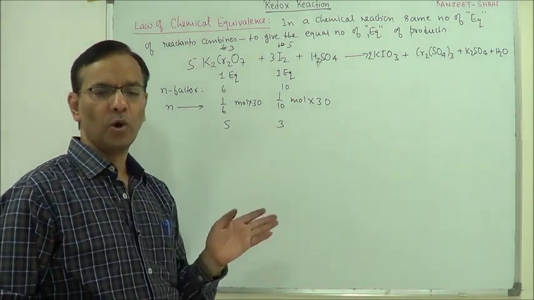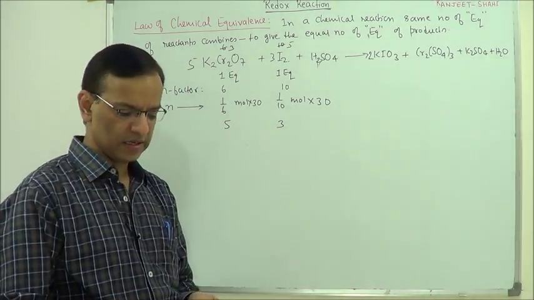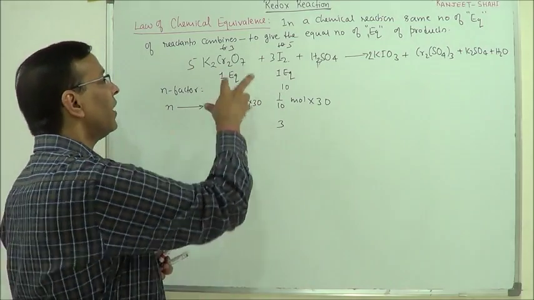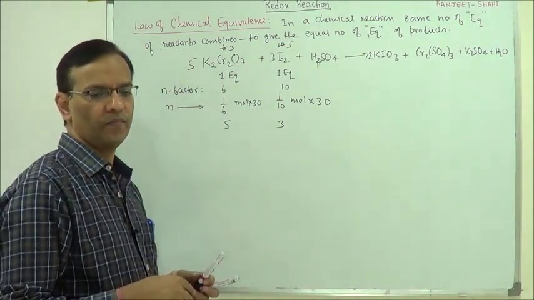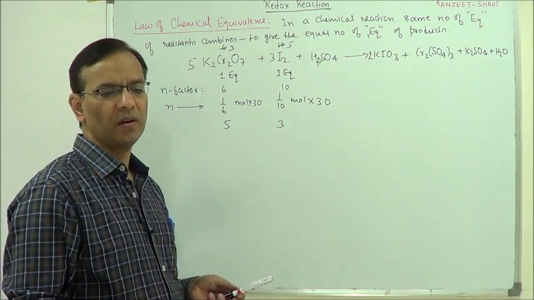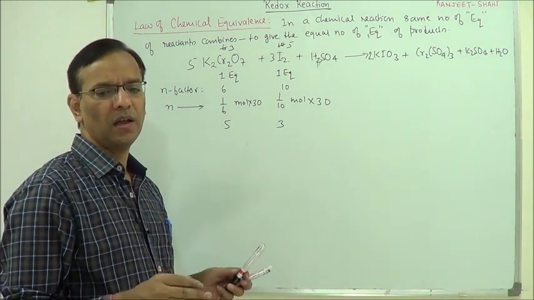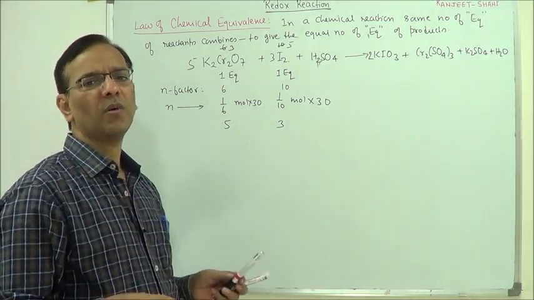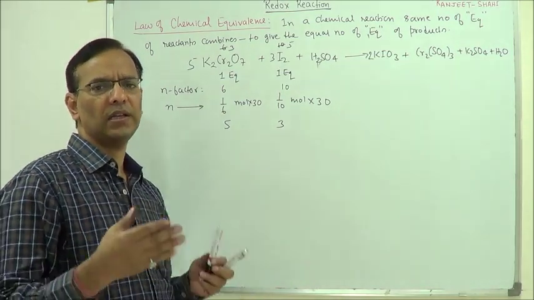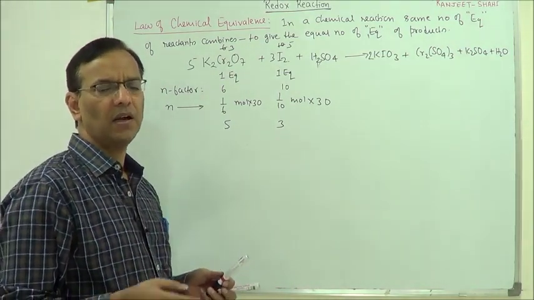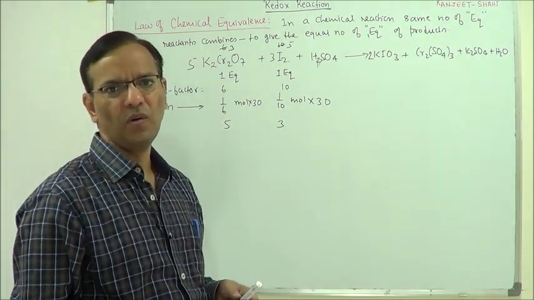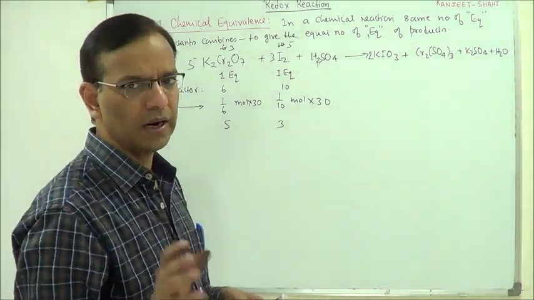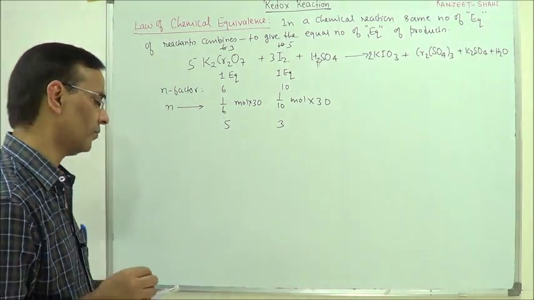Not only that, if the reactants are not in stoichiometric amounts, the one having fewer gram equivalents will act as the limiting reactant, and the other, in excess, will be left unreacted at the end of the reaction.